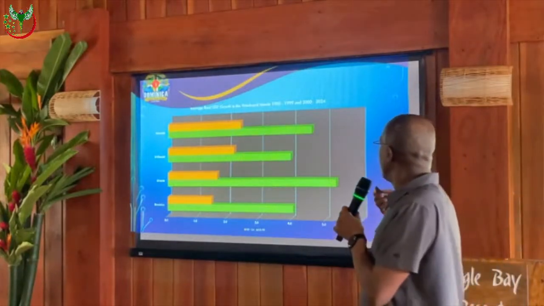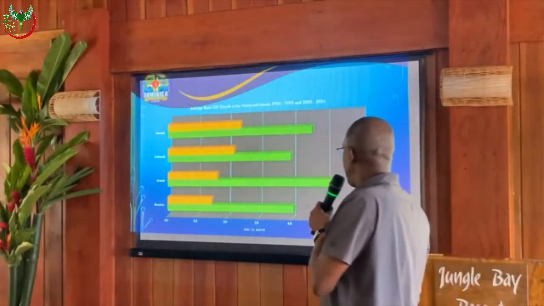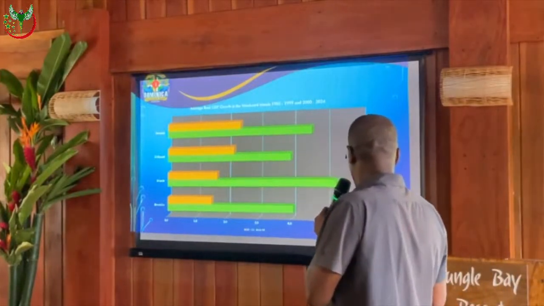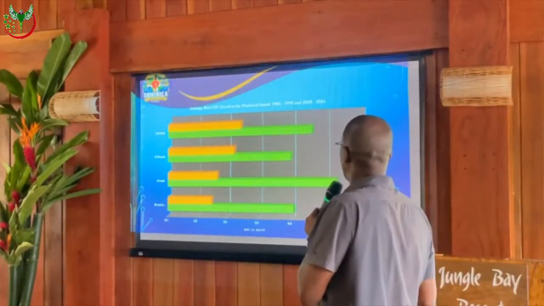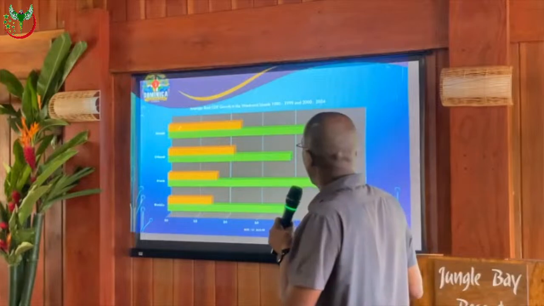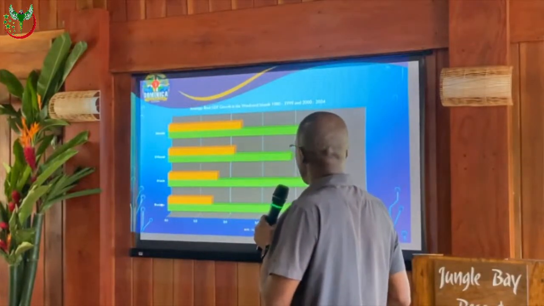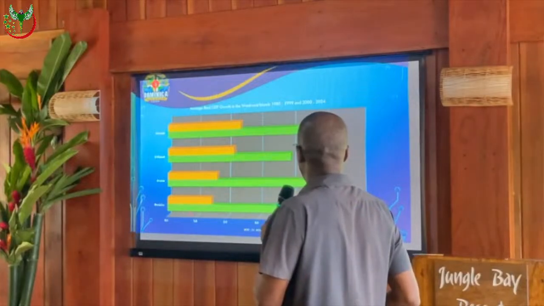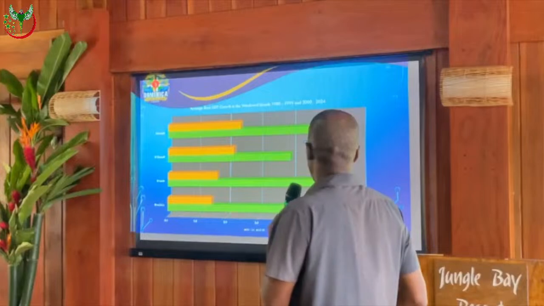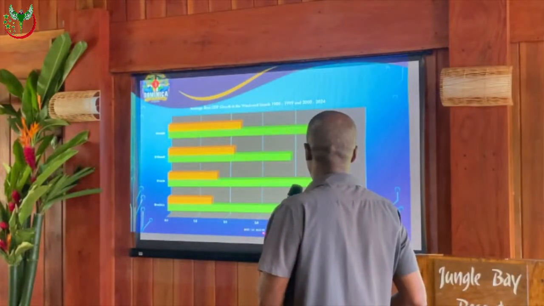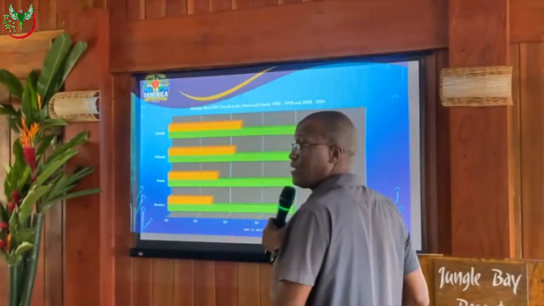Alright. So take a look at our neighbors. And the way I've done it is to make it as uncomplicated as possible. So we have Grenada, St. Vincent, St. Lucia, and Dominica. And then we have two periods. This lime green color is really the rate of growth between 1980 and 1999.